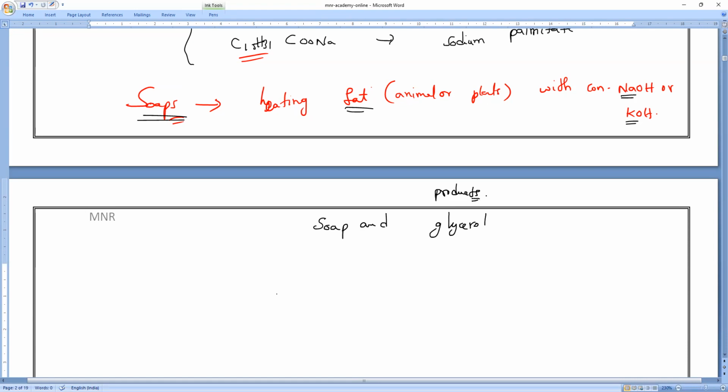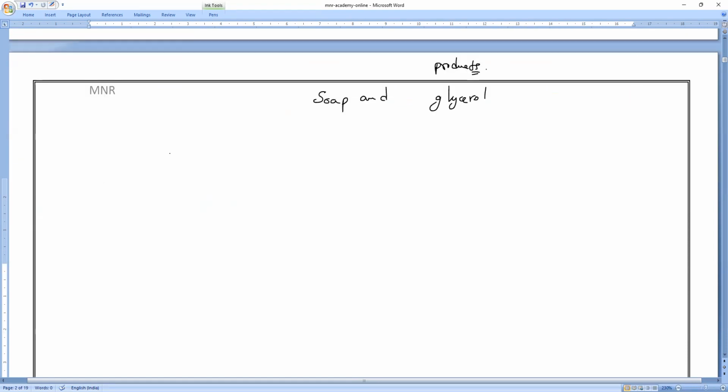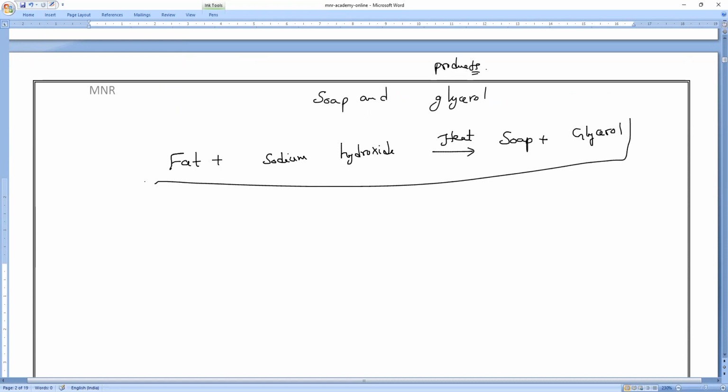The simple equation you learned: fat plus sodium hydroxide, on heating, gives soap as well as glycerol. This is the chemical equation for manufacturing soaps.